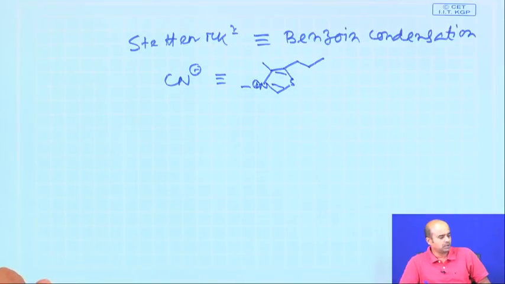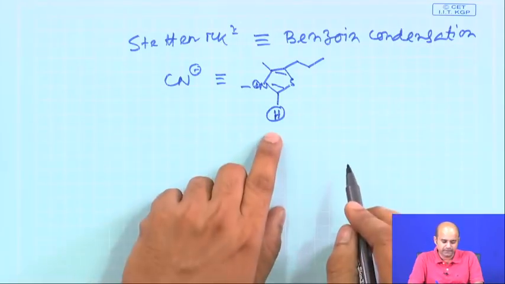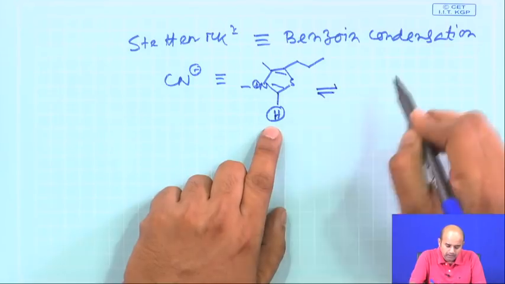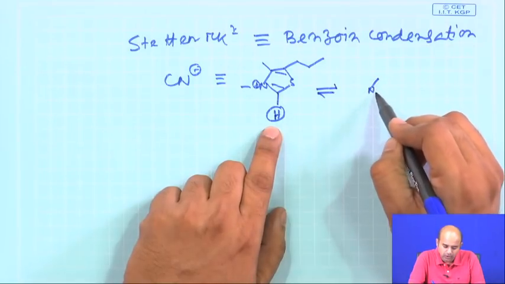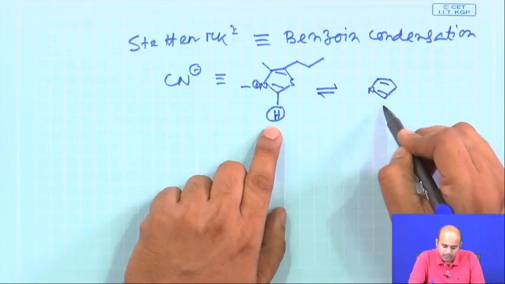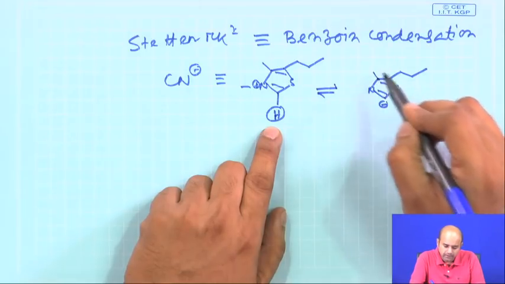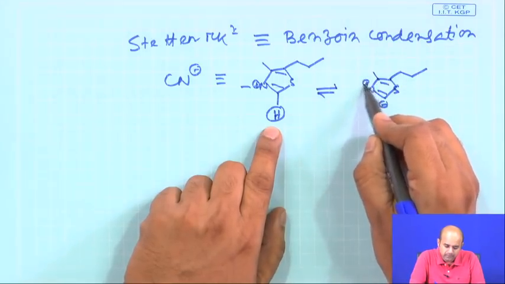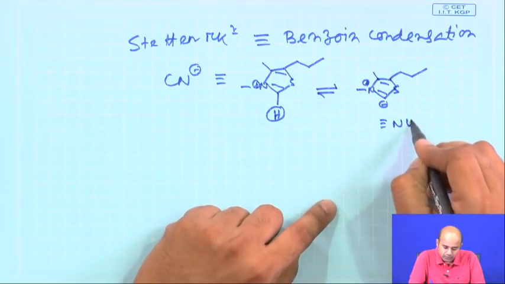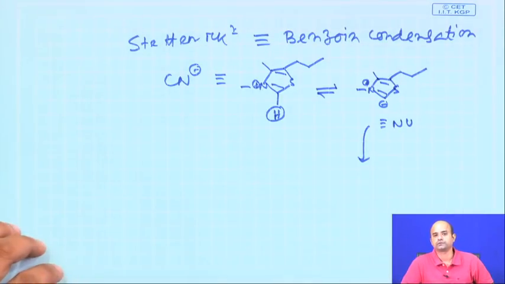Then you have an active acidic hydrogen, which is removed to generate a carbanion or a nucleophile, and this is the main active species that acts as the real nucleophile. This nucleophile next attacks under different conditions.